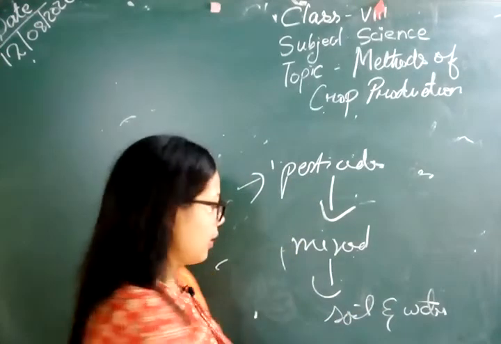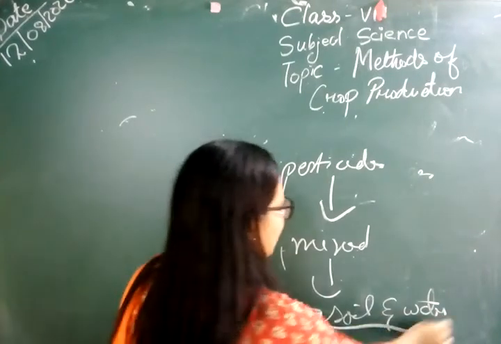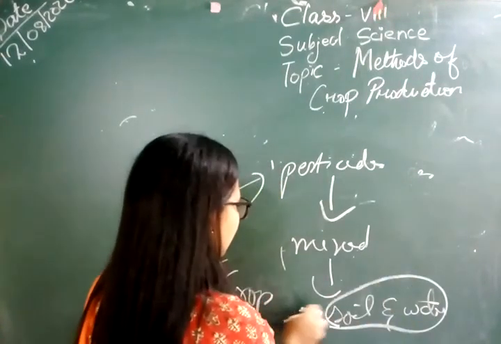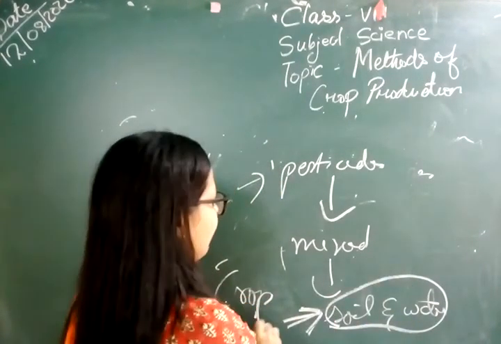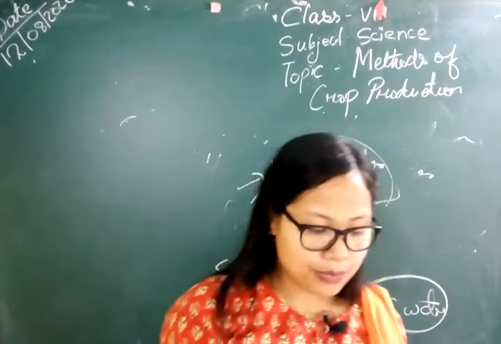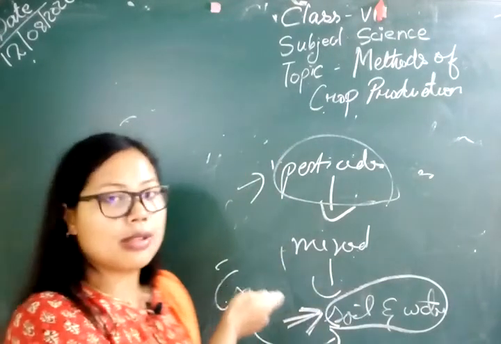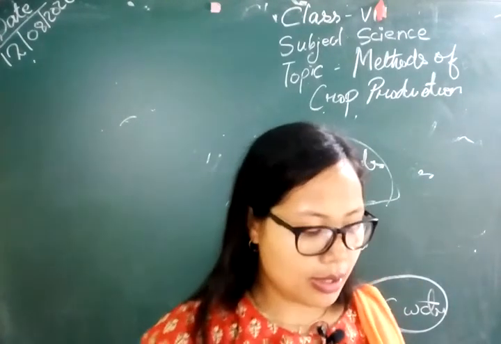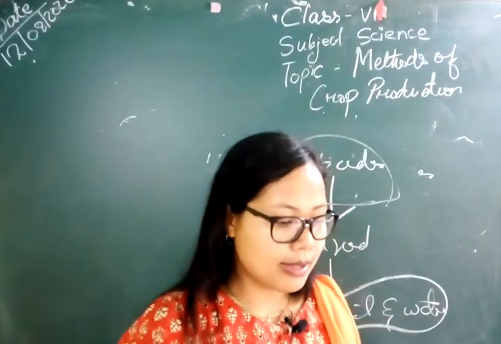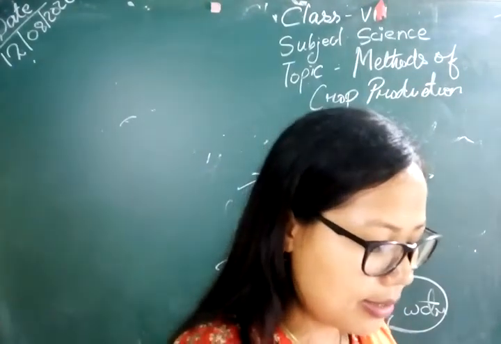The crops absorb from soil, isn't it? So ultimately our crop is also affected with the pesticides. Definitely when we eat these crops, it will enter our body in the form of fruits and vegetables. So it has huge disadvantages for us.